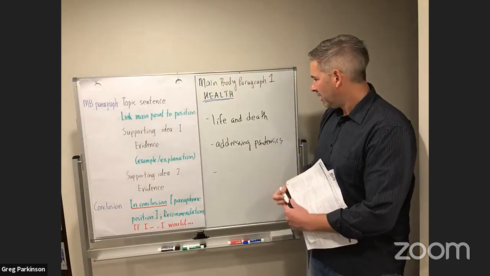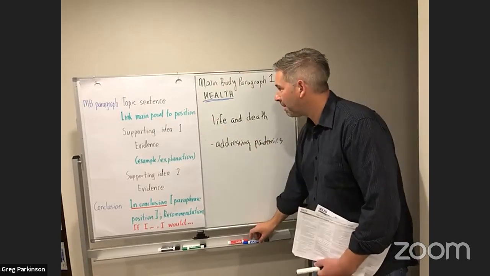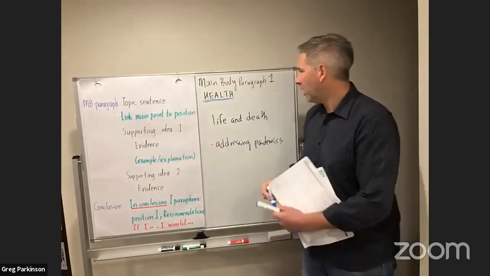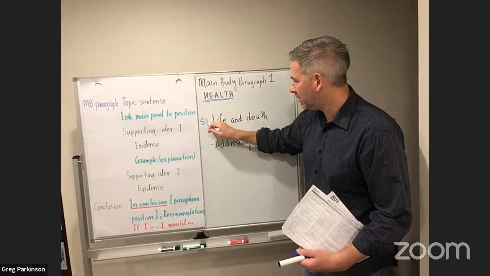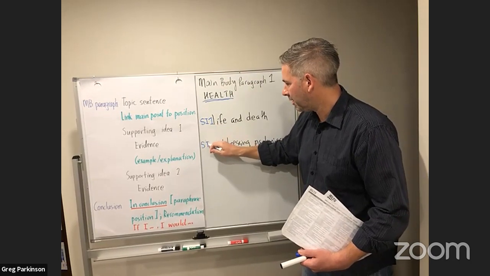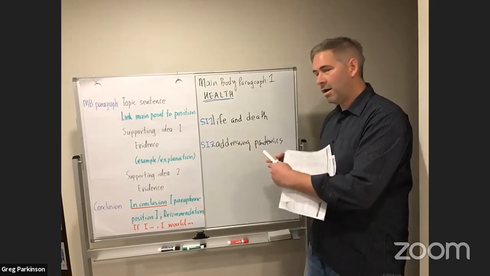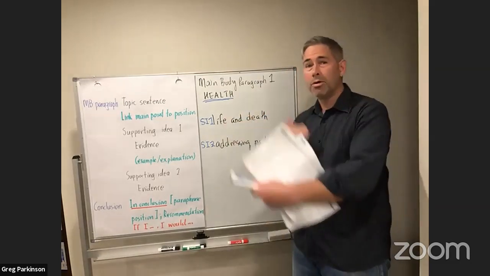So essentially, what I've done here, I'm going to write SI1. This will be supporting idea 1. And this will be supporting idea 2. Now, I might think as I'm writing, I might want to change the order of these.